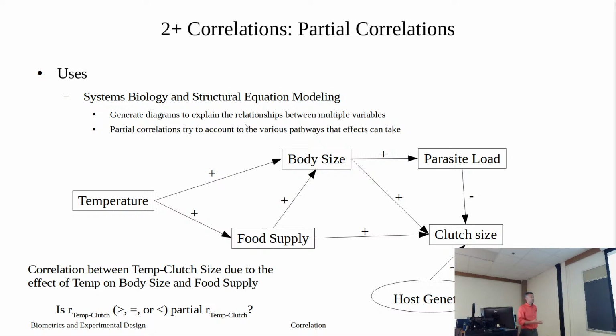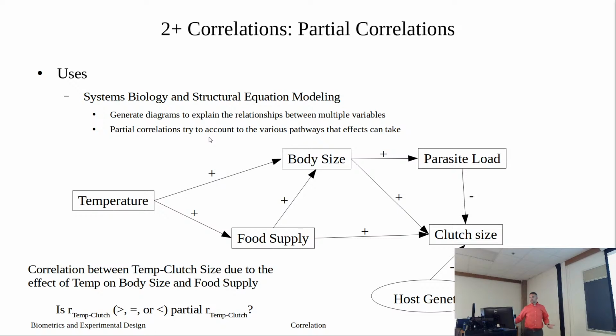All right? We're interested in, let's say, overall clutch size of birds. And you go out and you study and you record temperatures during the breeding season, during the nesting season. You measure food supply, or you estimate food supply. You have body size of the parents. You look at parasite loads, and then you have this other variable, a latent variable, maybe host genetics. How do you go about analyzing all of these and making sense?